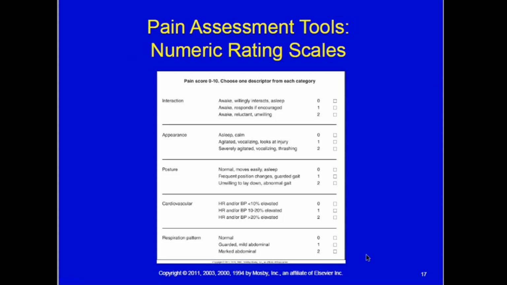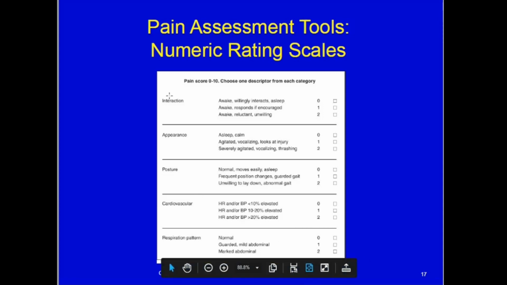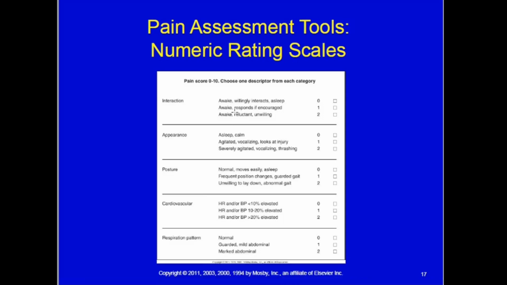Coming to pain assessment tools, in the numerical rating scale we have categories. There is a pain score from 0 to 10, and accordingly we have to interact with the patient, see the appearance of the patient, see the posture, then check the cardiovascular system and the respiratory system, and accordingly we have gradings.